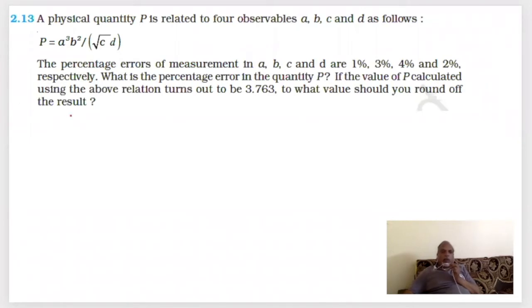It is given P is equal to A square B square divided by root C into D. Naturally, if you will expand it in terms of relative error or percentage error, let us first expand it by the relative error. It will be like this.